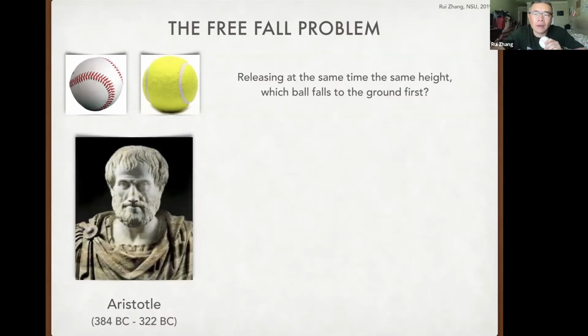One person that promoted this idea was Aristotle. He lived in ancient Greece, about 300 years BC. He thought the heavy object falls first. After him, because he was so great, people all believed him, they all thought that the heavy object should fall to the ground first.